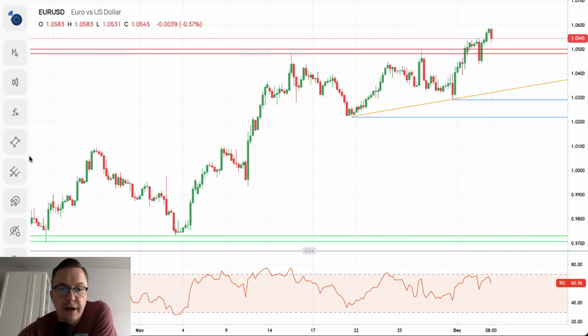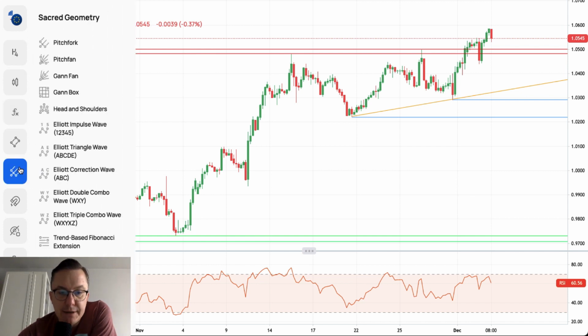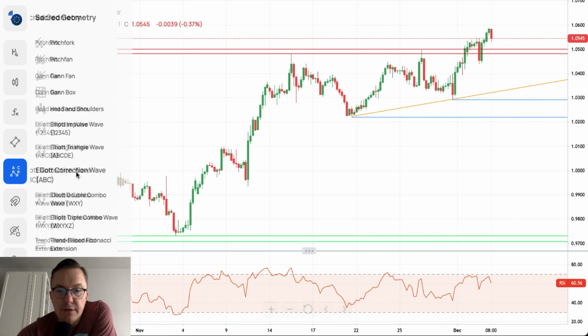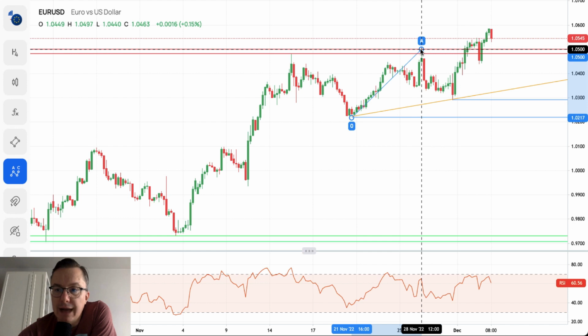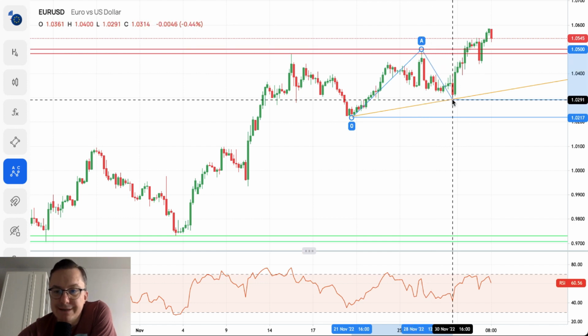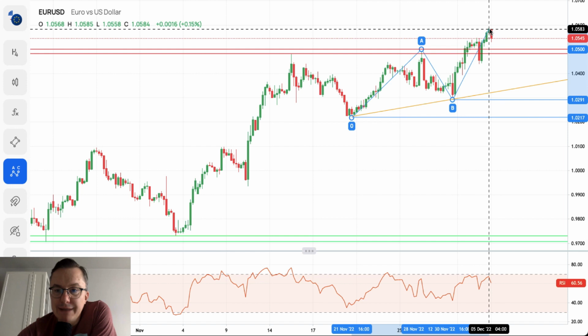What I mean here is that you can see the ABC to the upside extended from the recent low. So you got the low at 1.0217, then you got the local high 1.0500, then of course the small pullback towards 1.0291, and then the C wave was made recently at 1.0583.